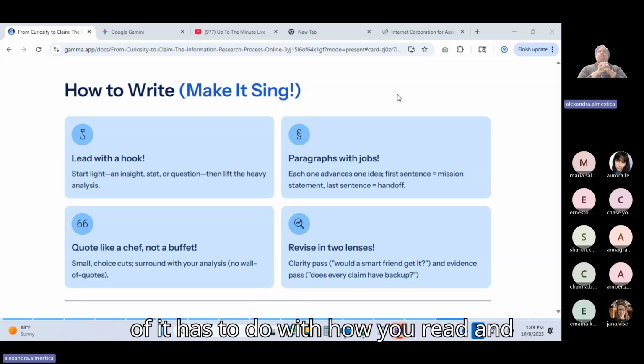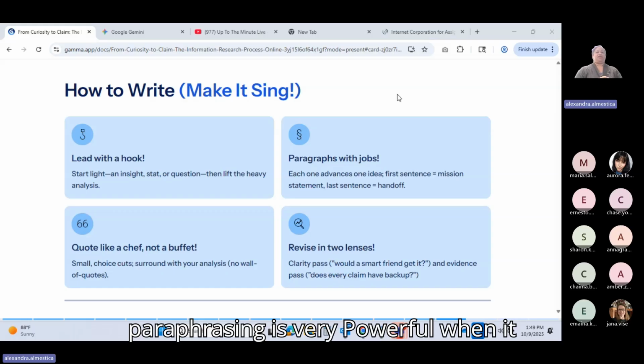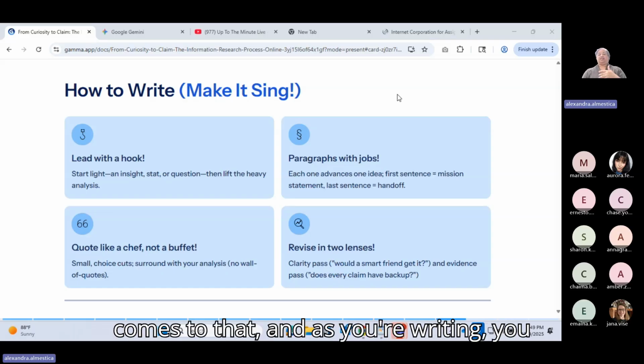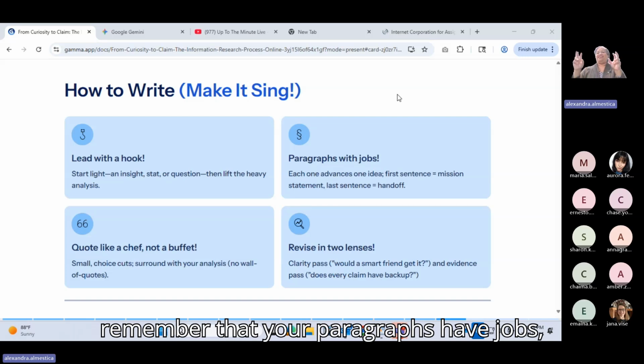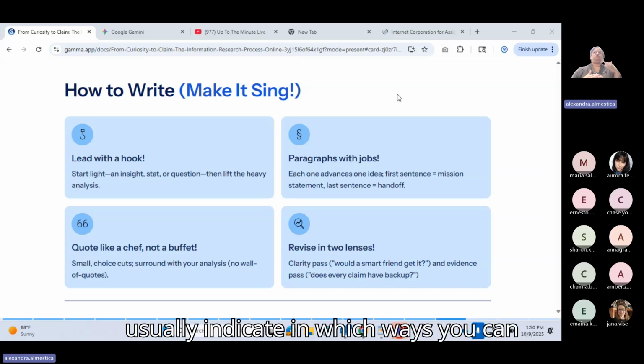But a lot of it has to do with how you read and interpret that. So summarizing and paraphrasing is very powerful when it comes to that. And as you're writing, remember that your paragraphs have jobs, right? Your sentences should follow a certain flow, and your professors usually indicate in which ways you can approach this.